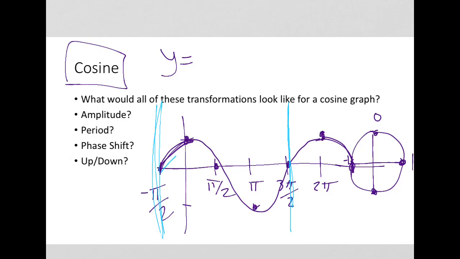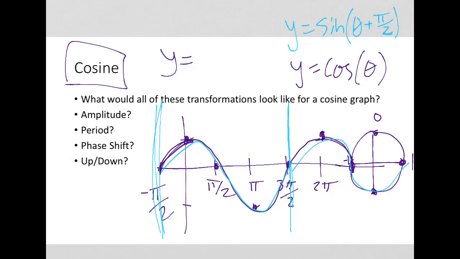So if I call that blue graph y equals sine of theta plus pi over 2, that's the same exact graph. We get that as the same as my cosine of theta.